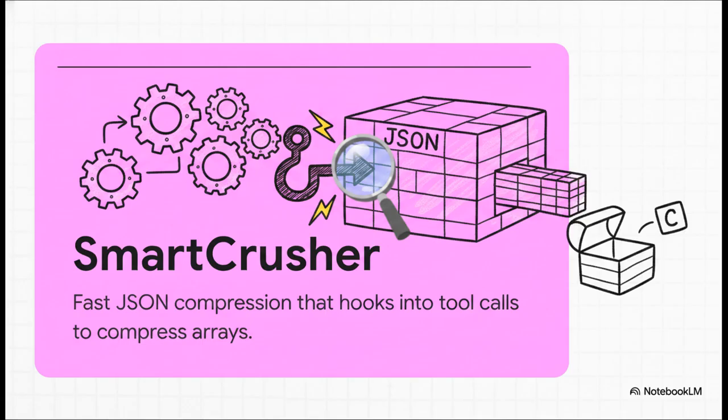Instead of running the full heavy pipeline on the whole conversation, the hook provider targets tool outputs specifically. It uses Strands' built-in hook system to intercept the results of those tool calls. Say a tool returns a massive JSON array, like a database query throwing back thousands of rows. SmartCrusher jumps right in. It's this blazing fast JSON compression system that bypasses the heavy pipeline entirely, acting strictly as a precision tool for structured data.